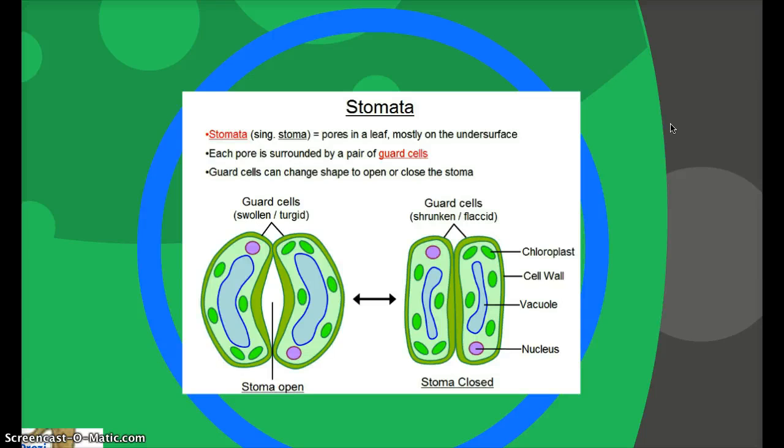Now, see how each guard cell opens to let in the carbon dioxide from the air around the plant, and they do this when there's moisture outside of the plant, and they open and close, and that's how the plant receives enough gas exchange to survive.